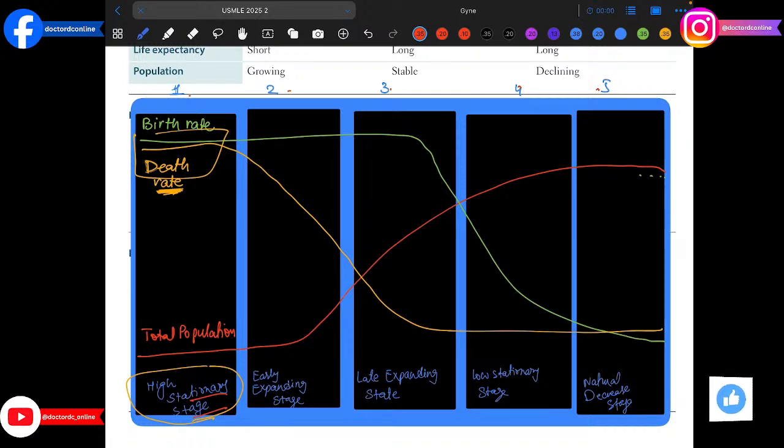But then we move to stage 2, which is known as the early expanding stage, which corresponds to the beginnings of industrialization. For example, England in the mid-18th century was here as they transitioned from agrarian production to building factories all over the place and selling their goods on the world market.